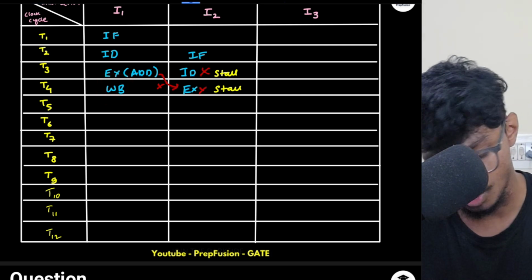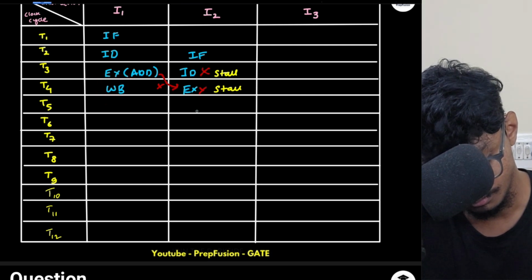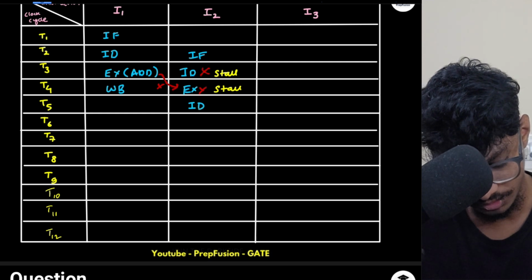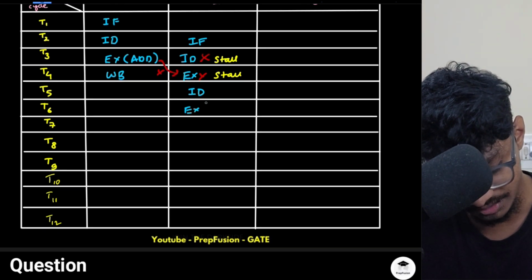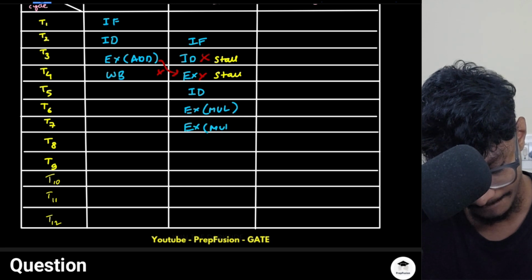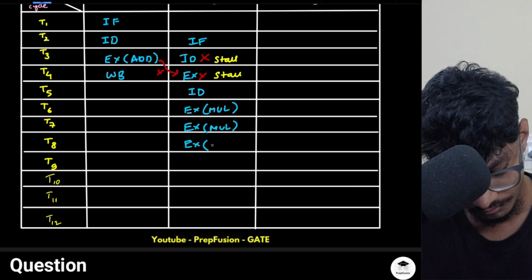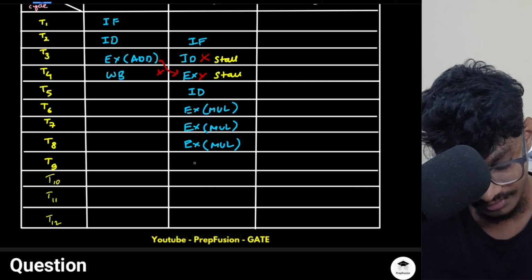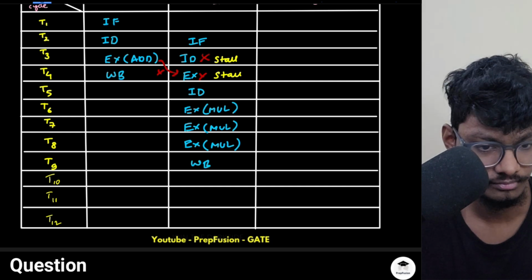Now I can start. Now I can do ID, instruction decode. Then I can simply do execution. I know it is a multiplication type instruction, so it will take 3 clock cycles. And then finally after this I can write back the result.